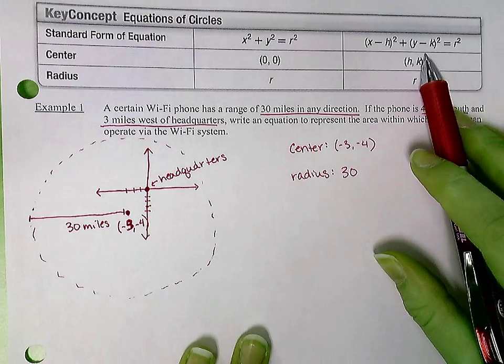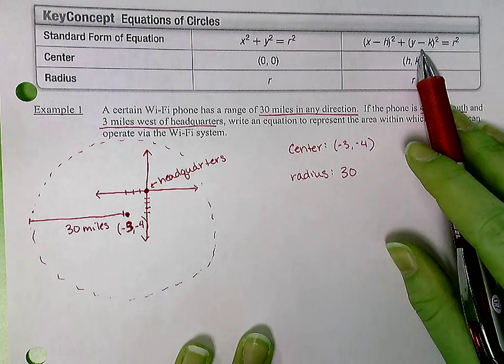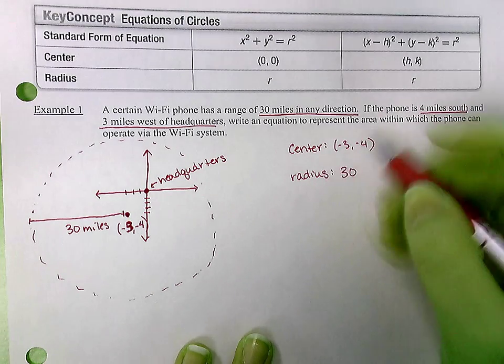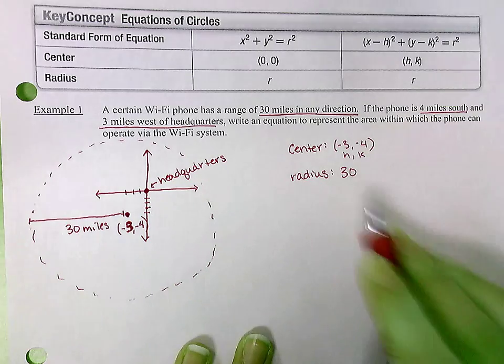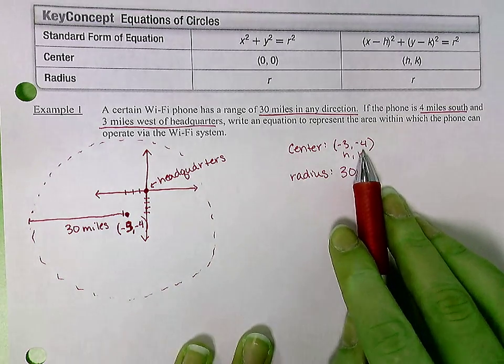Now I'm going to use the standard form up here. My center is h and k, so h will be -3, k will be -4.